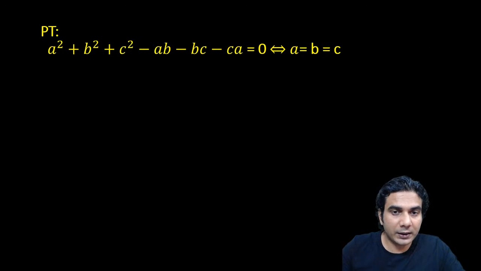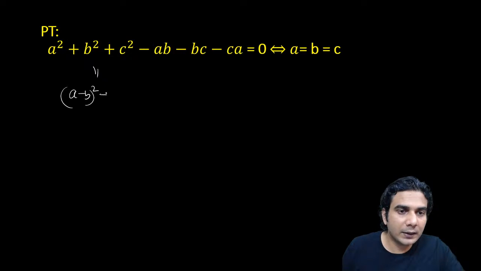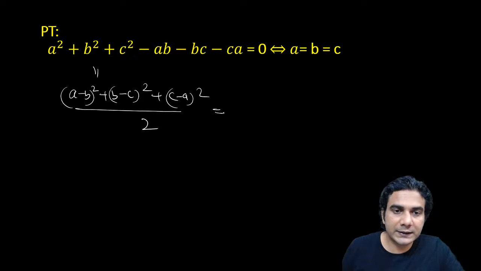So when does this equality hold? You can figure this out easily, because this expression is equal to (a minus b) the whole square plus (b minus c) the whole square plus (c minus a) the whole square, divided by 2, and you are putting this equal to 0.